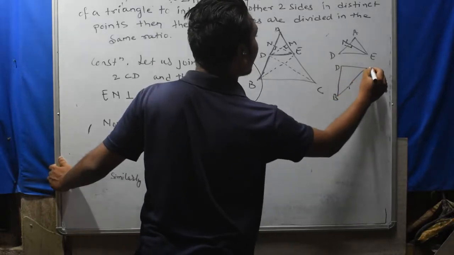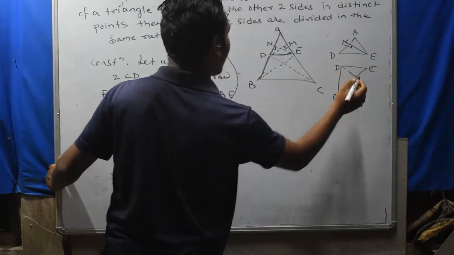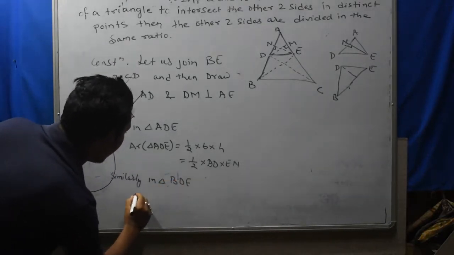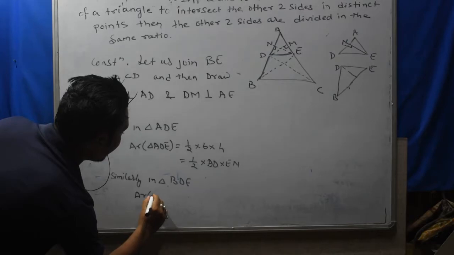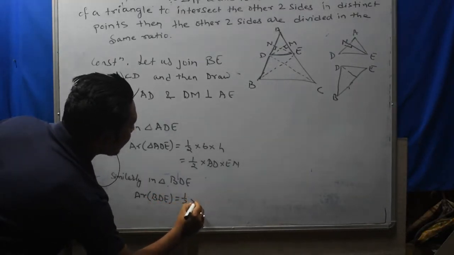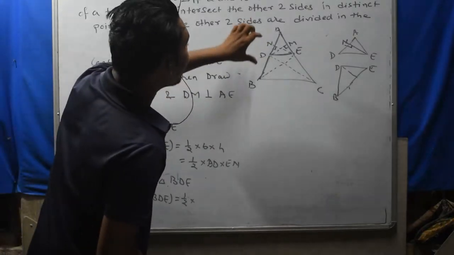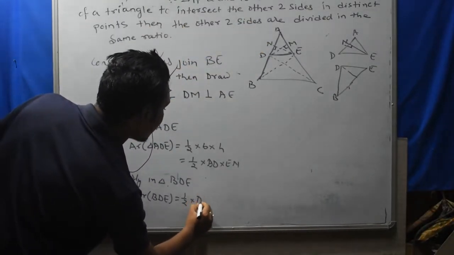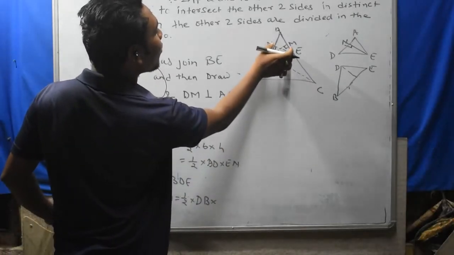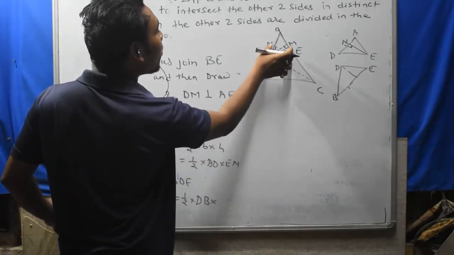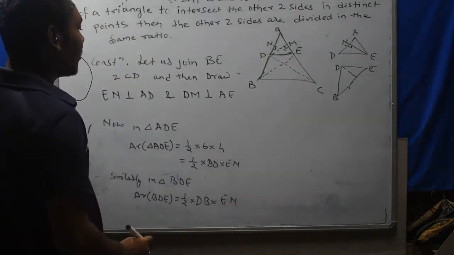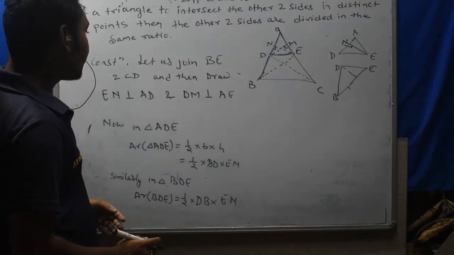Area BDE is equal to half into base, base is DB. This is the height, so this is similar to this, so we will consider EN as height. Okay, understood this much part?